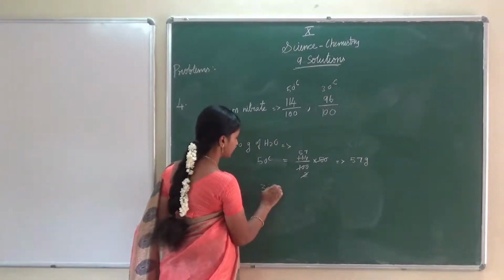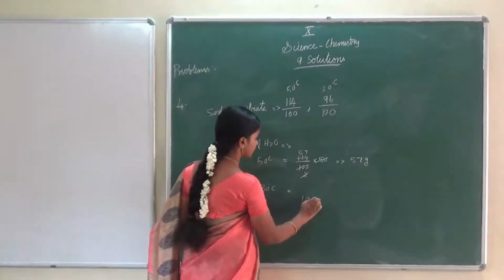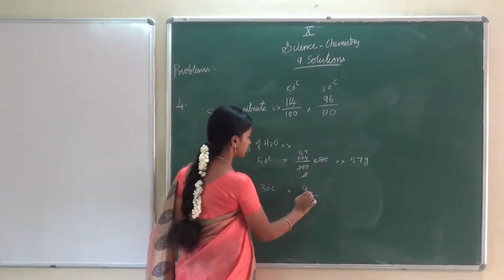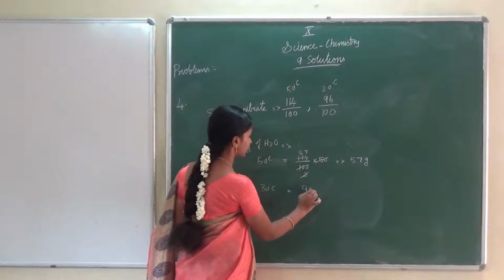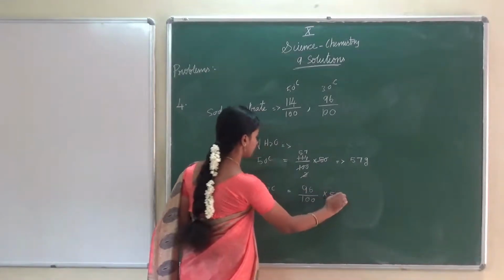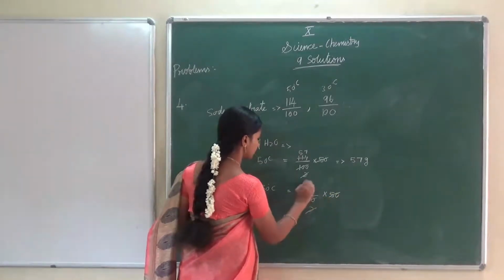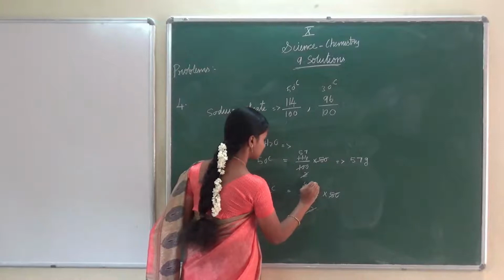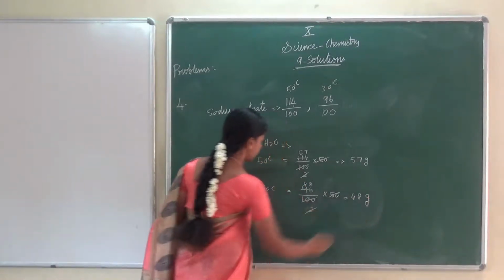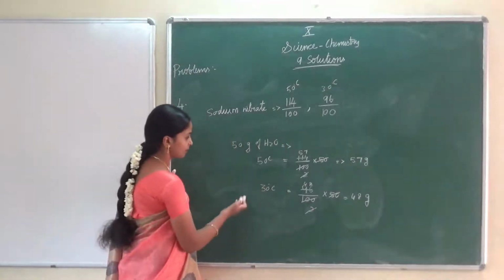Then at 30 degrees Celsius, for the saturated solution in 100 gram of water, the amount of sodium nitrate required is 96 gram. Then for 50 gram of water, it is 48 gram. Okay, so they are asking how much will be thrown out when it is cooled.